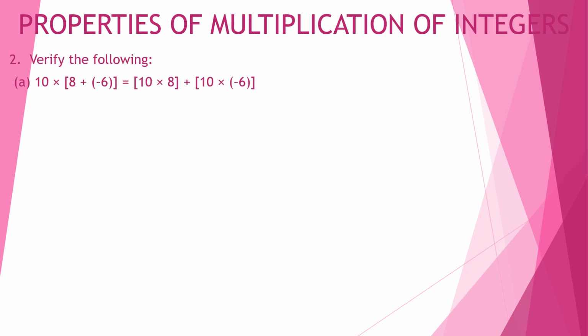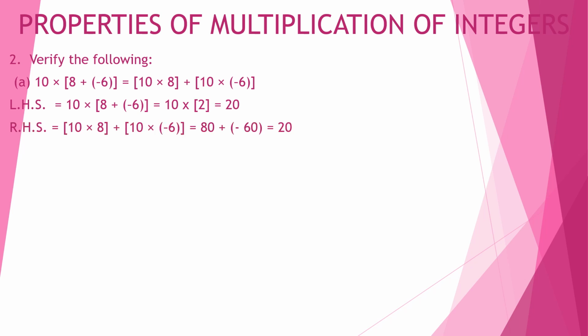Let's verify the following. I have the left hand side equal to 10 into 8 plus negative 6. A positive integer added to a negative integer. So we subtract. The answer will have the sign of the bigger integer. So I write plus 2. 10 into 2 is equal to 20. Right hand side is 10 into 8 plus 10 into minus 6.